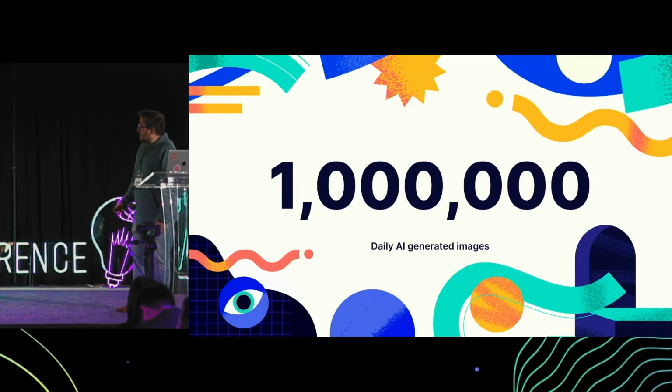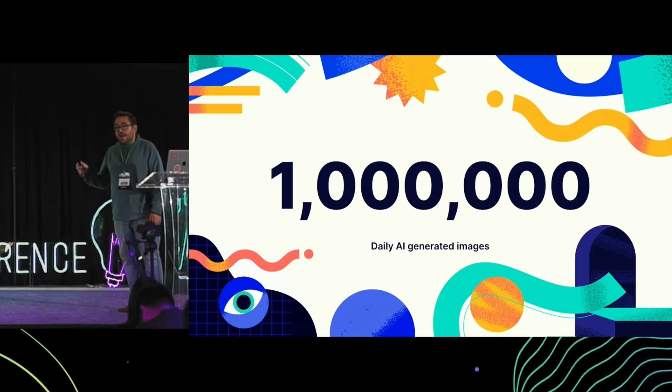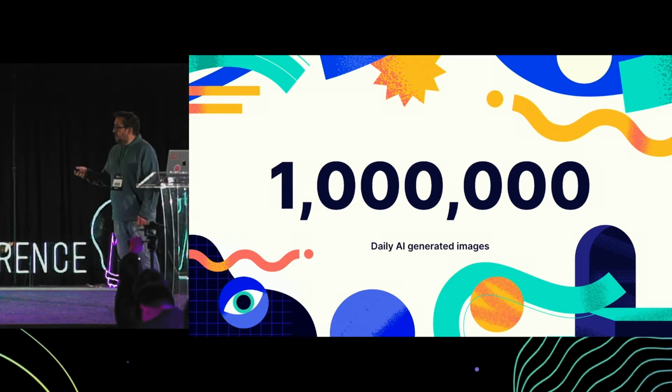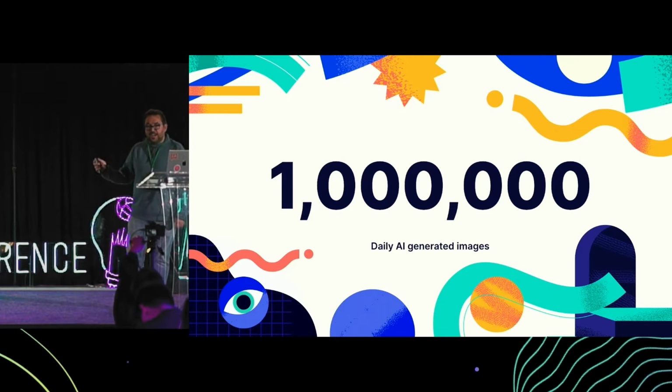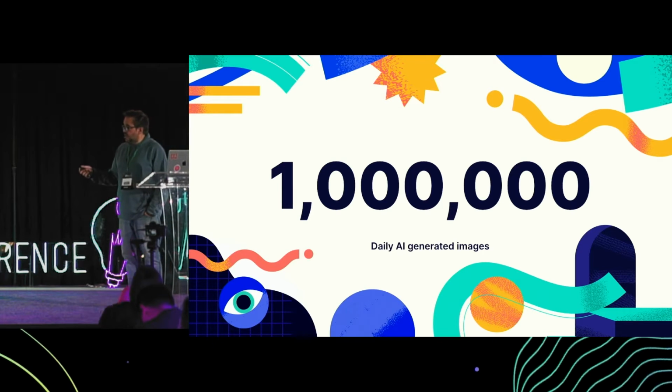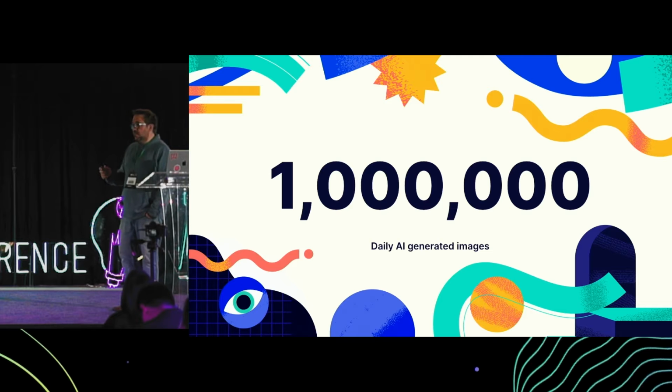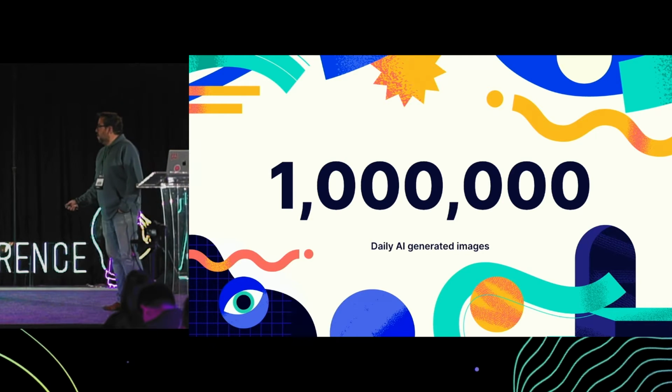Last week this image generator passed 1 million images generated daily. So every day, 1 million images. Think about how many images we are talking about here. Our whole catalog is 120 million, and it took us years to acquire that catalog from photographers.